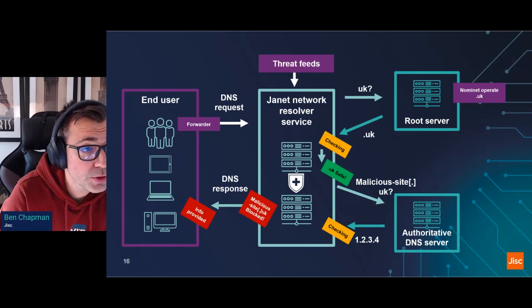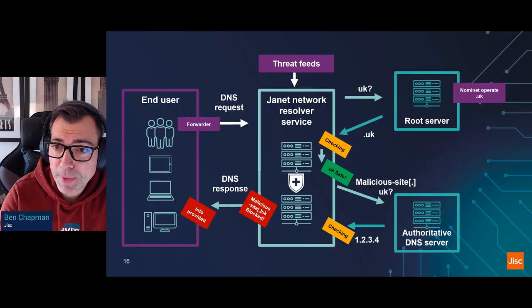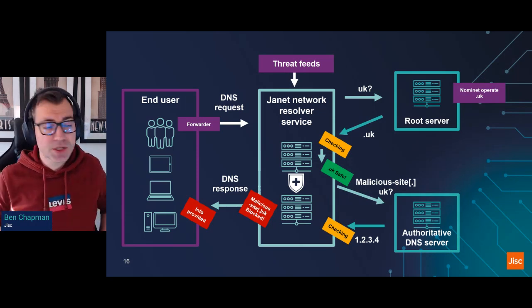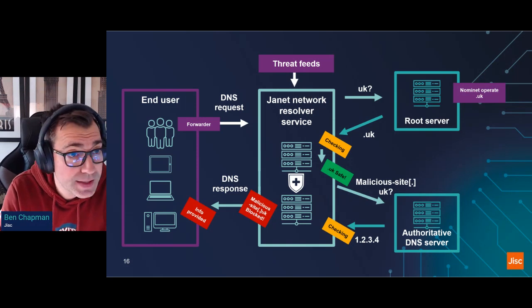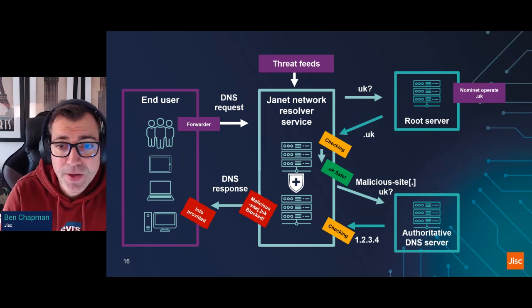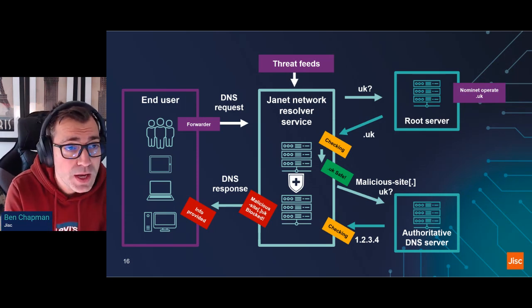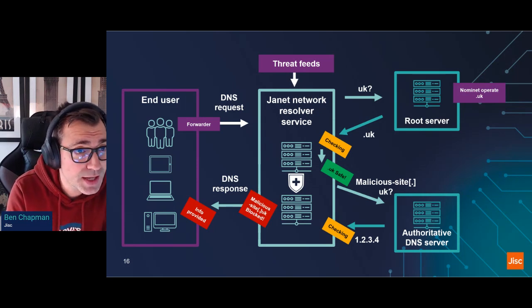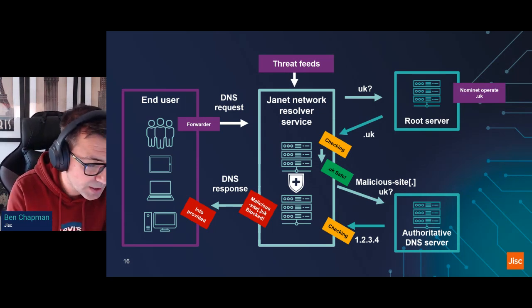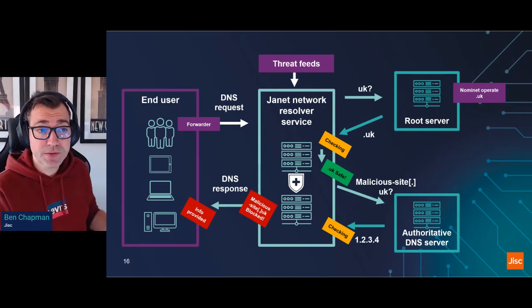But if we were to be looking at something potentially malicious, you can see as it goes through Nominet and through to a malicious website, then as JNRS has that domain listed as something unsafe, it prevents you from accessing it. From my point of view, that is effective. It's the last part of an attack being blocked right at the last stage of the process.